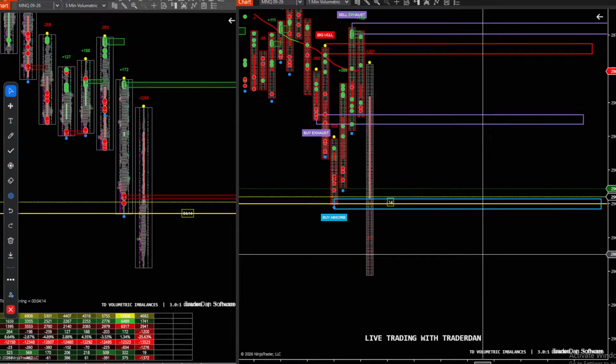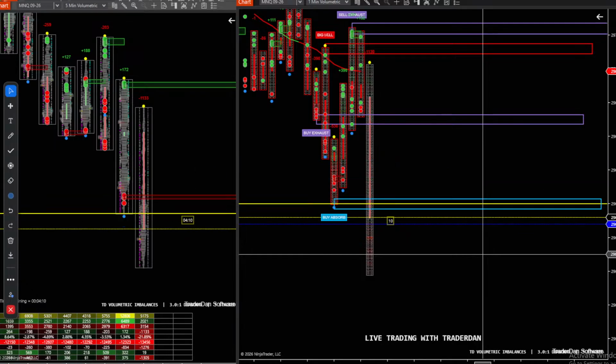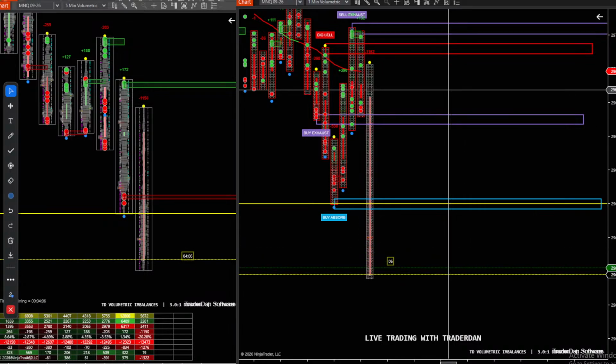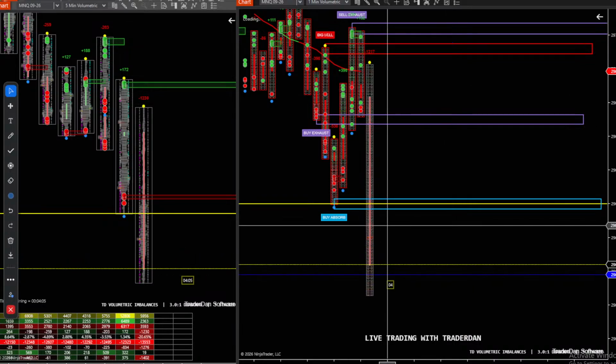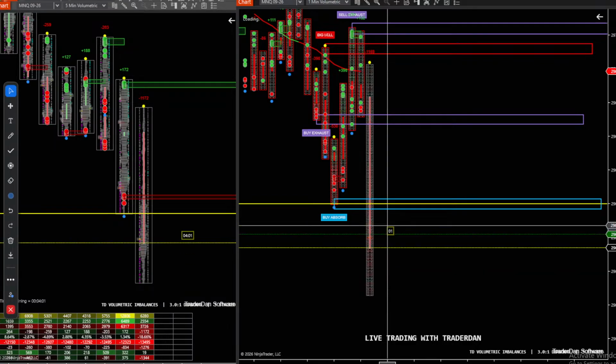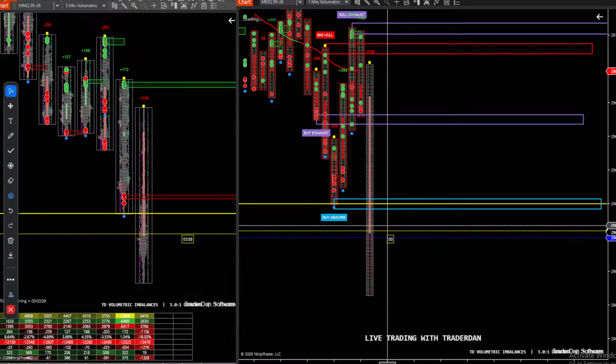Am I lagging out? What's price at? 29.7. I am lagging out right now. Give me a second. Let me reload. I got lagged out here on MNQ. A lot of contracts here being traded on MNQ.